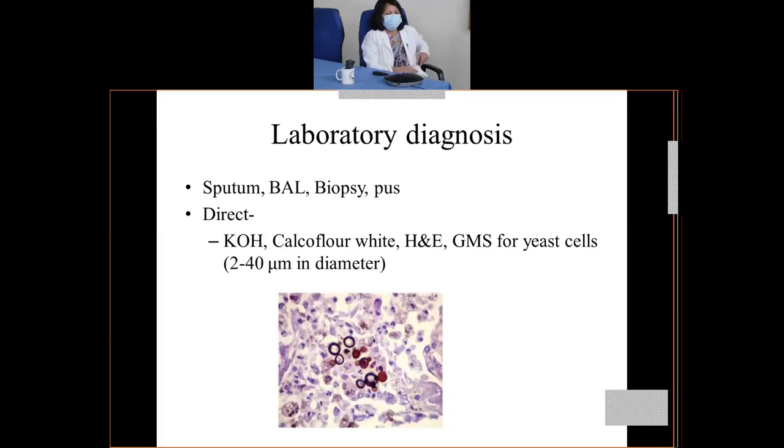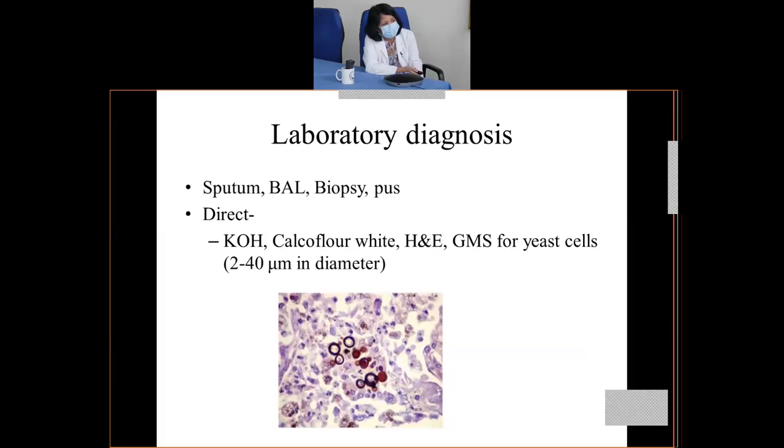So there's a wide range of the size of the yeast cells. It can be as small as 2 micrometer or as large as 40 micrometers. If you look at this picture of the biopsy sample, you can see different sizes of the yeast cells and even different types of arrangement of the yeast cells.